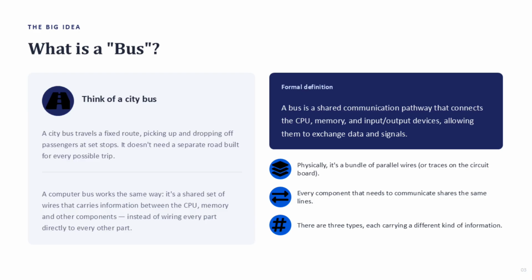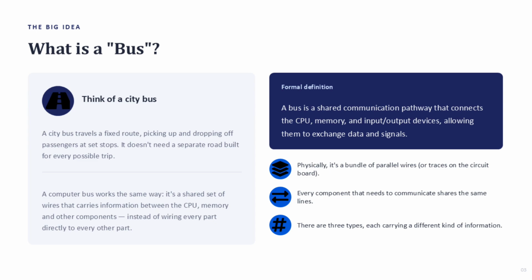The bus doesn't belong to only the CPU. It doesn't belong only to memory. Instead, every component that needs to communicate uses the same communication pathway. Of course, since many components share the same pathway, there must also be rules that determine who can use it and when.